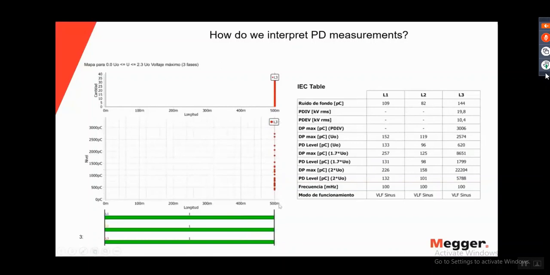The cable was 500 meters, so you can see very clearly in this graphic that the problem was with the phase L3, and the problem was at the end. In this case, the level of the partial discharge, as we saw in the previous slide, and we can see right now, was 5,788 picocoulombs, which is above the guideline we showed in the previous slides. So the guys that made this PD measurement should replace the termination of this cable.